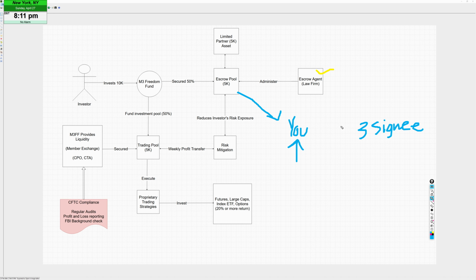Then we submit it to the law firm, and they make sure everything is legal. Let's say this person only has $10,000, but we're trying to withdraw $100,000. They're going to reject that right away. Does that make sense? So that's compliance and the administrator's role.